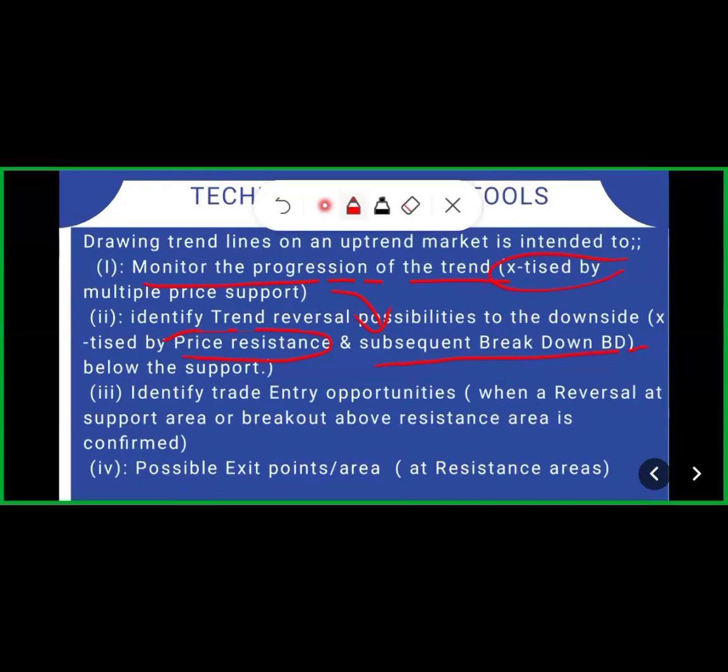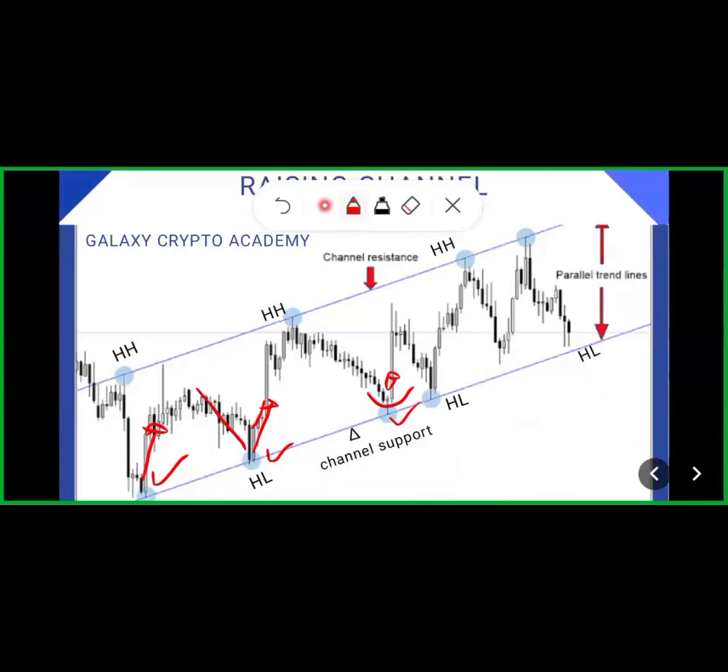If I can go back there. Here, what happens? This is what I mean, that a trend reversal possibility to the downside comes about when the price rises and gets resisted there. Then we have a reversal to the downside with the intention of thinking that it's going to be supported, which in this case it does not.